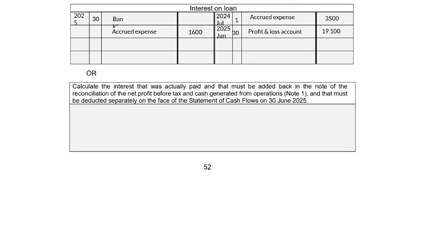If we add the credit side together, so in other words, the accrued expense of 3,500 and the profit and loss account of 19,100, we get a main total of 22,600. That must be the same as our debit side to make your ledger account balance. So our bank, which is our balancing figure, to calculate that, we're going to say 22,600 minus 1,600, and that gives you 21,000 Rand.